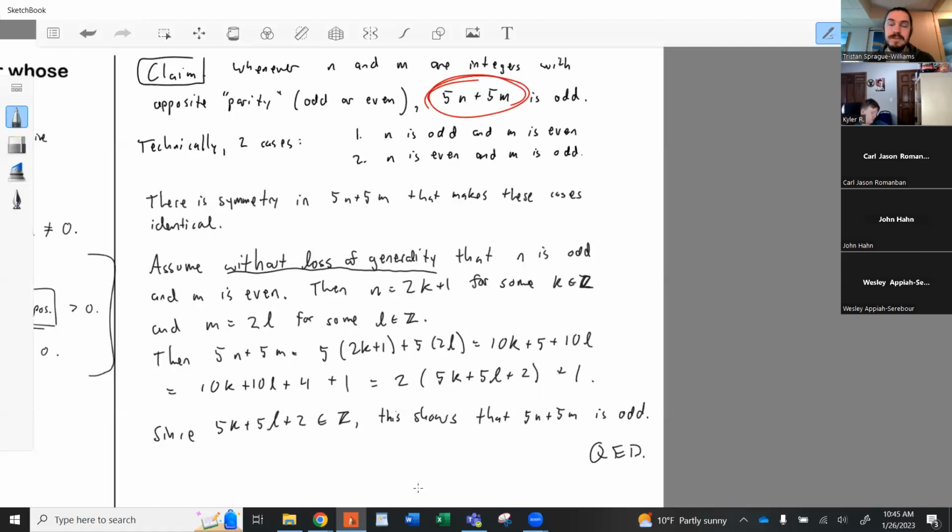Isn't the part that it says since 5k plus 5l plus 2, aren't you missing the 1 at the end? Aha, no, I didn't. I intended to take that out. So the idea here is this is 2 times something plus 1. An odd number, the definition is 2 times an integer plus 1.